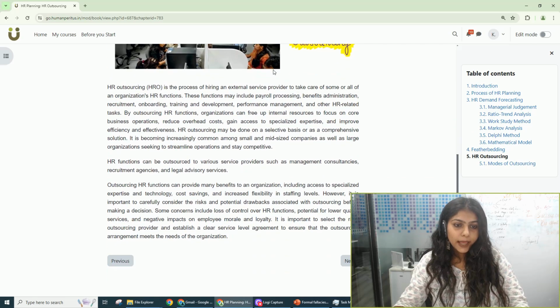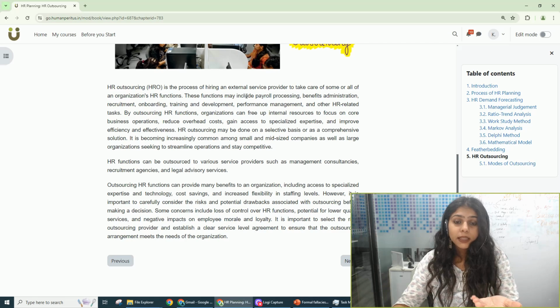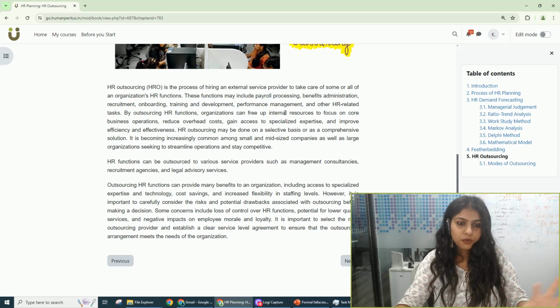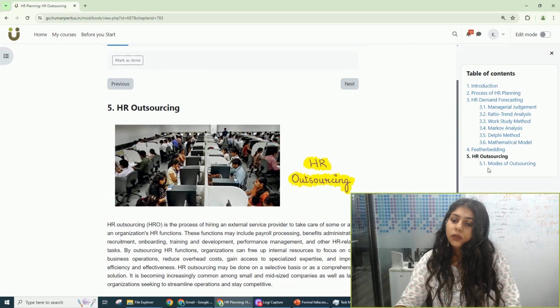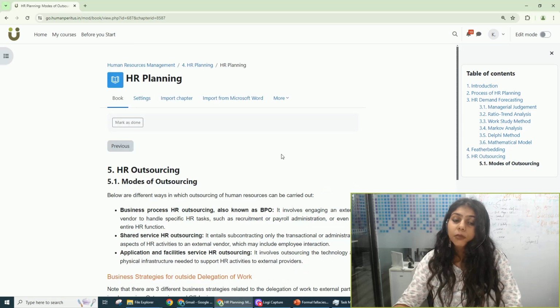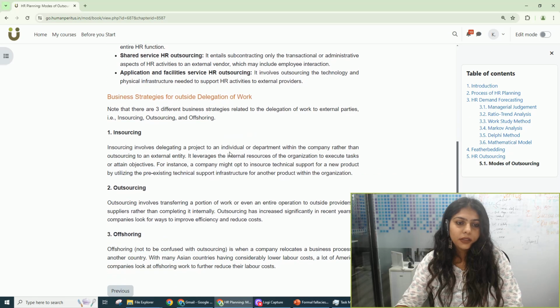So that is what outsourcing means, and these functions could include practices like payroll processing, benefits administration, recruitment, onboarding, training, development, performance management, and other functions of HR. Now there are several modes of outsourcing, and there are three major modes.